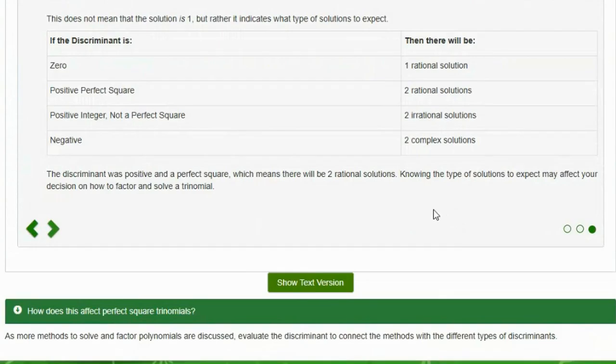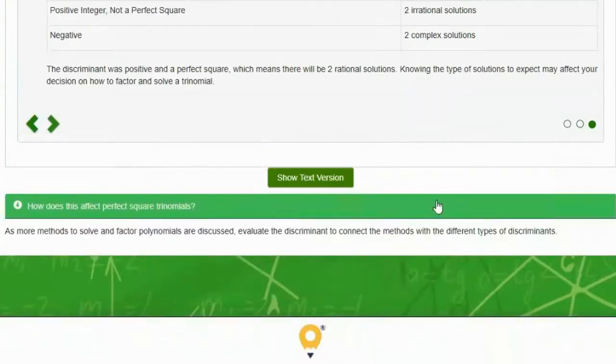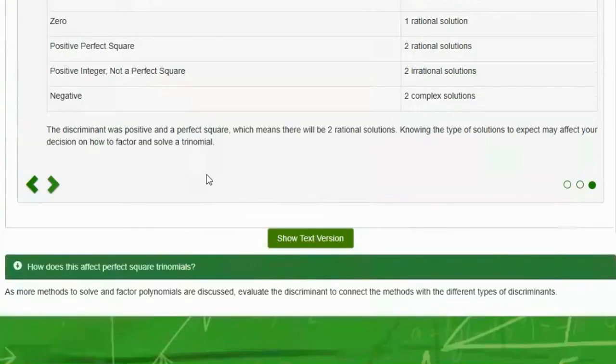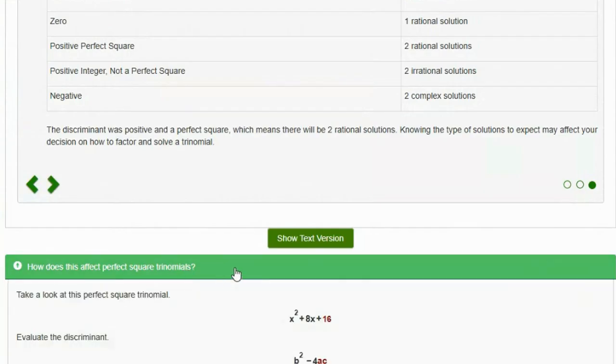So we're going to put some examples of this and learn more about what we're talking about, because it's like, okay, I see what you got on your chart there, Mr. Brock, but what does that mean? Some examples will help clear this up. How does this affect perfect square trinomials that we looked at last week? Like if you have b plus 2 times b plus 2, that's b plus 2 squared, and that'll give you a perfect square trinomial.